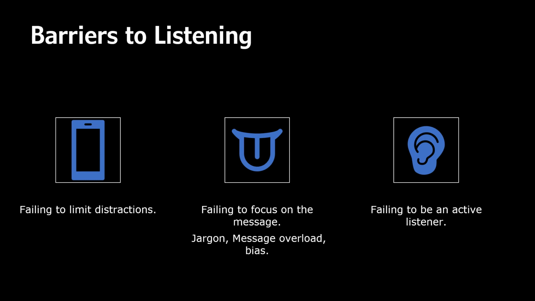The second barrier to listening that it talks about is failing to focus on the message. There are a lot of reasons why we can get caught up in some different things other than what's actually being focused on by the speaker. It's easy to lose the main points and get sidetracked when you're listening.